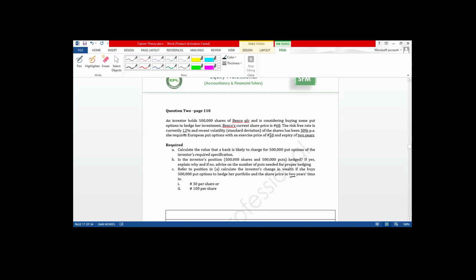Now, she has taken the option. The examiner now says, assuming in 2 years' time the share price happens to be 30 naira, how would this affect the investor's wealth? We have two scenarios.